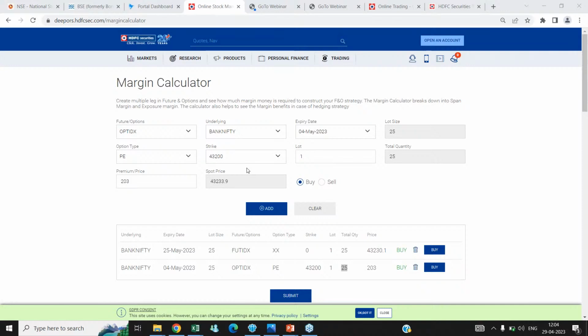But if you have the bank account with us, then for other order types like GTT orders and off-market orders, no transfer of funds is needed. But for order slicing and basket orders, you need to transfer your funds from your bank account to your trading account to use this functionality. Whether you have HDFC Bank or any other bank, the process remains the same for both these order types, that is basket order and order slicing.